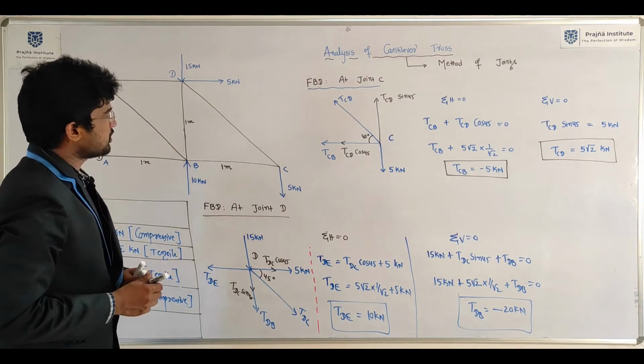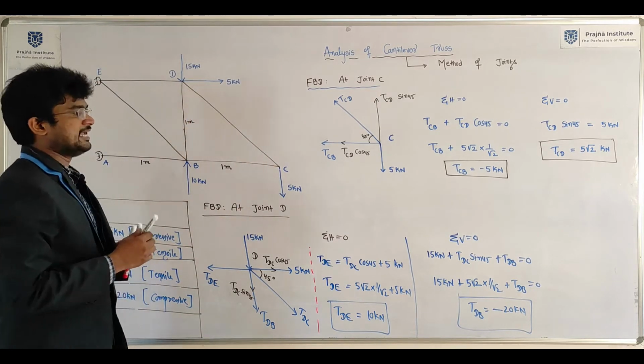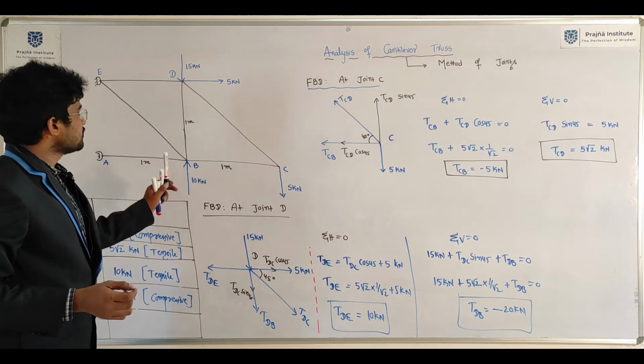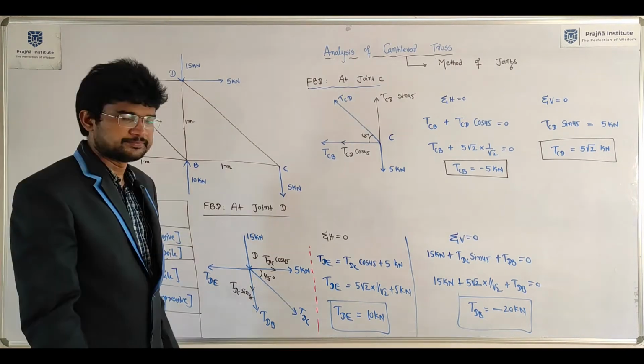Okay, so this is free body diagram at joint C, joint D. Now we need to draw free body diagram at joint B. First write down up to here.